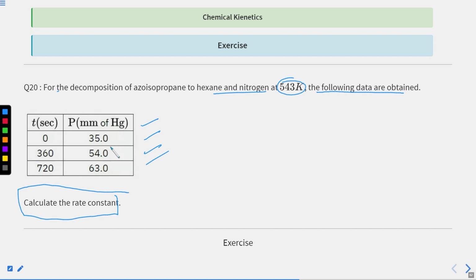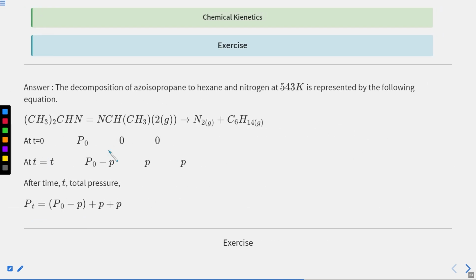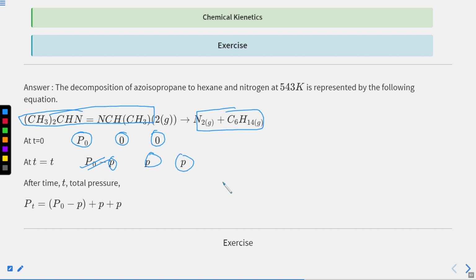This is the time and this is the P total. So let us see the solution. This is the equation for the given reaction. Now suppose initially the pressure is P naught and it is 0 and it is 0. So at time t, suppose P has been consumed, that would result in P this much and P this much.